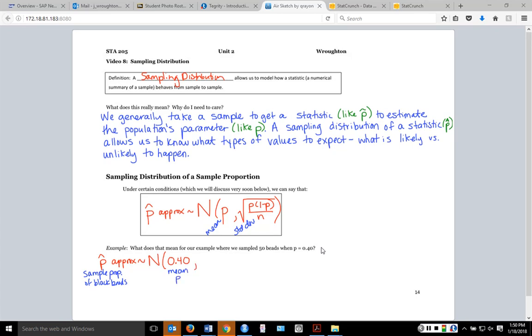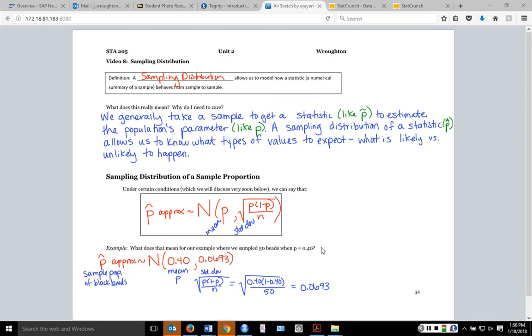And the standard deviation, well, I need to actually do my calculation. It's not as obvious to me here. So our standard deviation is the square root of p times 1 minus p over n. In our case, this would be the square root of 0.40 times 1 minus 0.40 over 50, which turns out to be 0.0693.